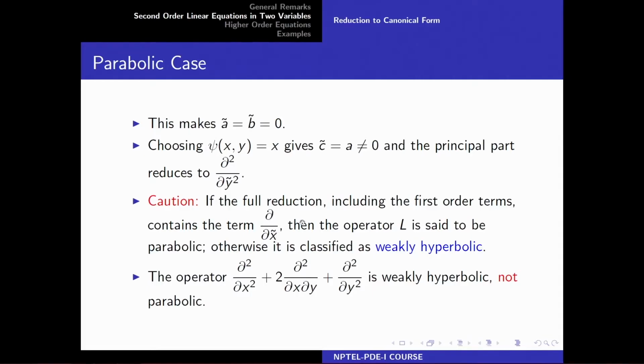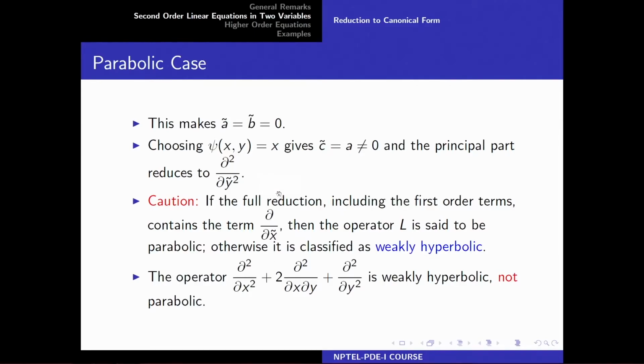Okay. So, this is similar to the comment I made on the paraboloid. Okay. So, you have to have a lower order term in the other variable, not y tilde, but x tilde. Okay. Then only you call it parabolic.